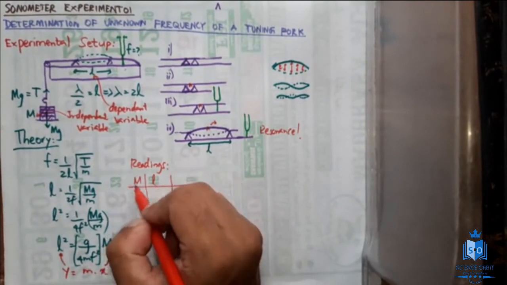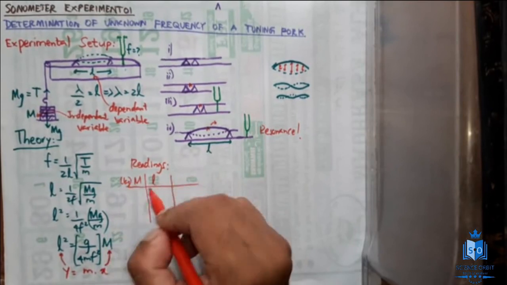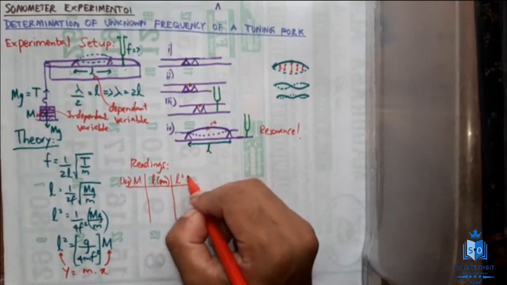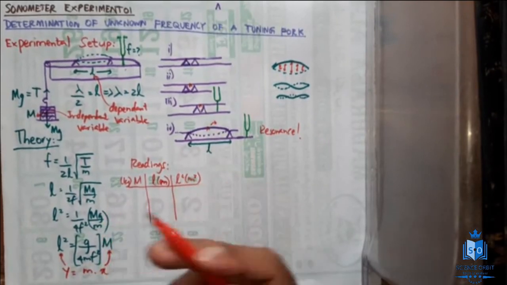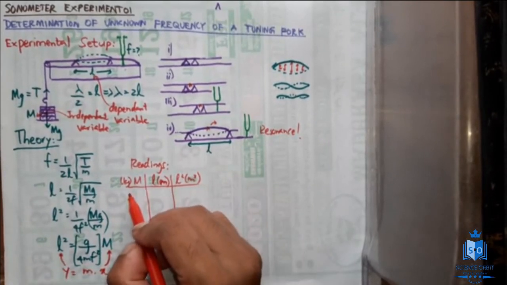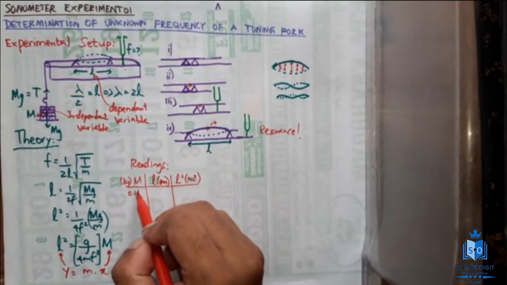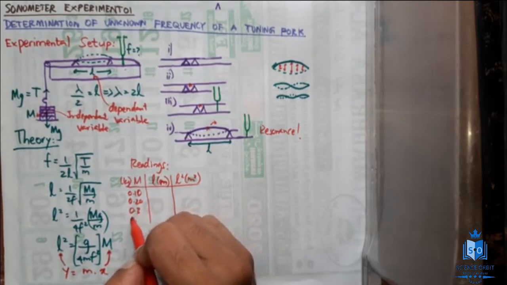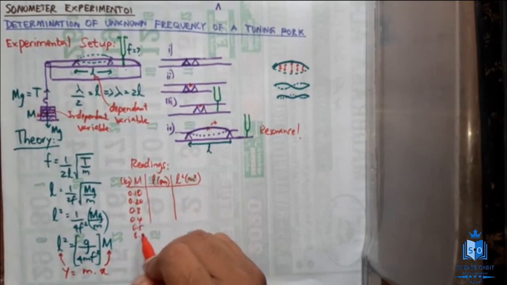Now, M will be in kilograms, and we are going to measure L in centimeter or meter, and L squared is going to be in meter squared. So, for mass you can choose values accordingly. Those values will be given to you in the guide: 0.1, 0.2, 0.3, 0.4, 0.5, 0.6.